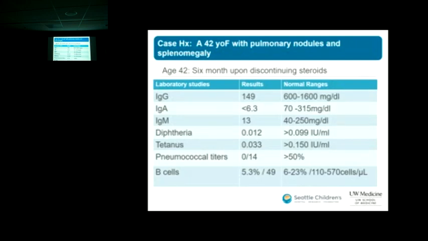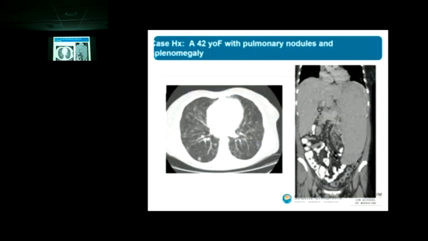She has low diphtheria titers, she has low tetanus titers, and she really doesn't have any protective titers to pneumococcal antigens. And her B cell numbers, the percentages are barely there, but the absolute numbers are low. And these are her CT findings.